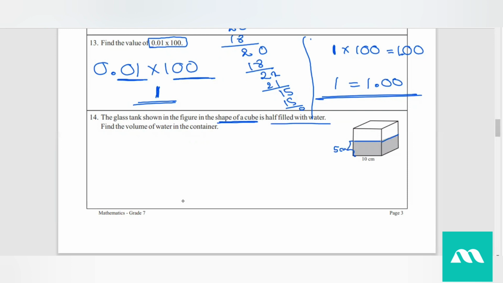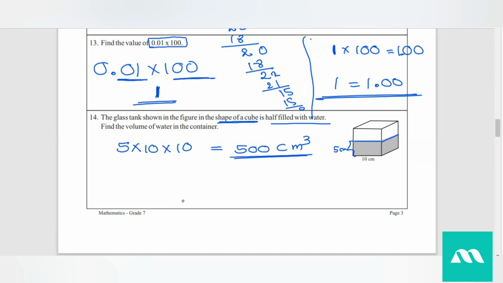Then you can calculate the volume of this cuboid-shaped water level. It is 10 into 10 into 5. 10 into 10 is 100. 100 into 5 is 500. You should have written the answer in cubic centimeters.